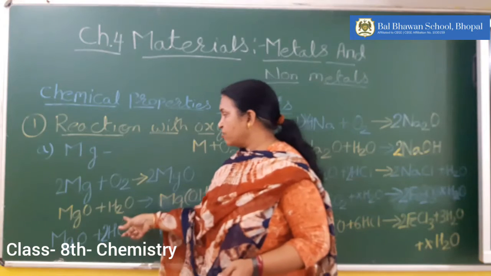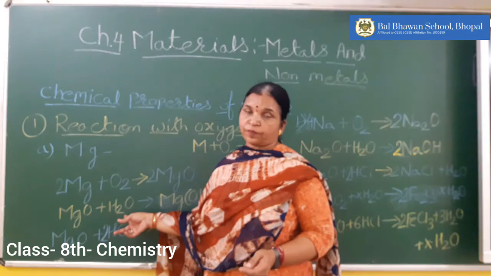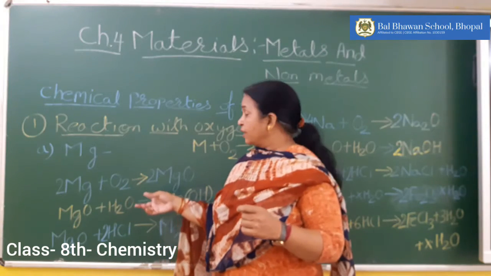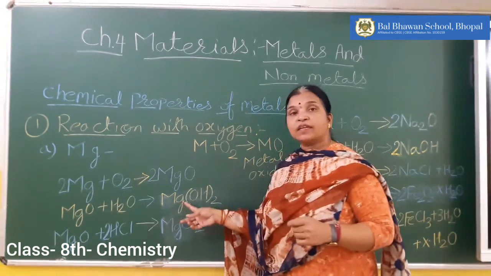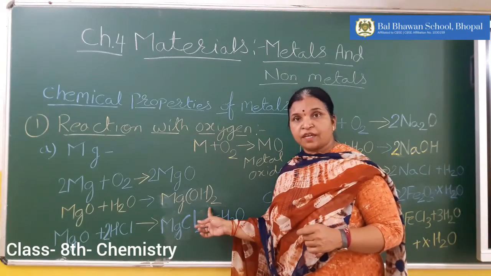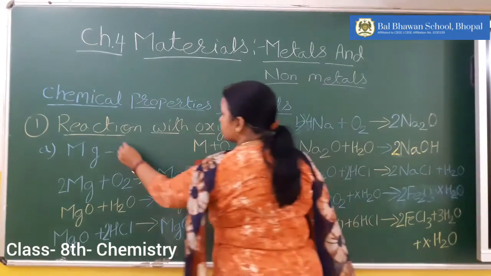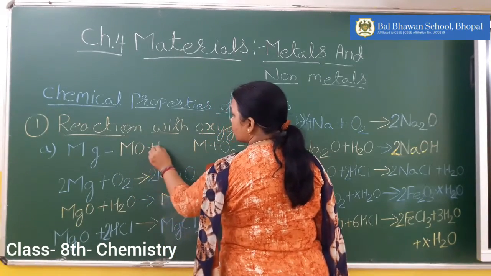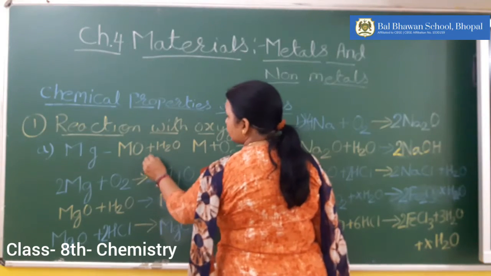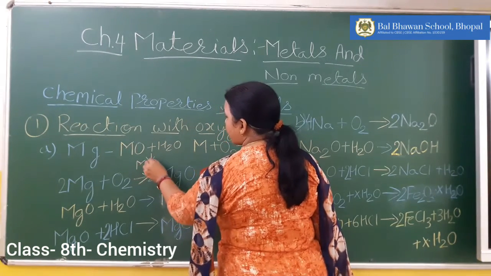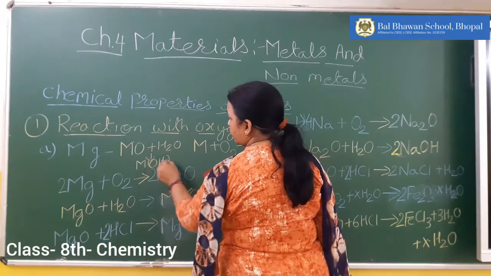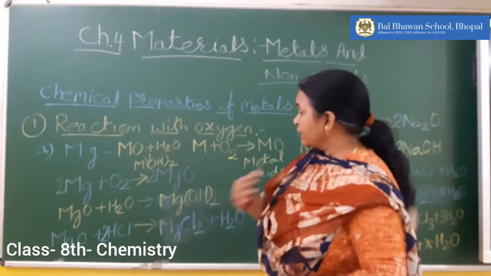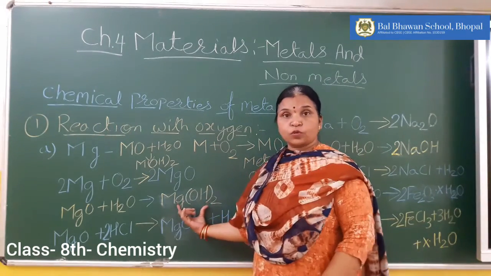One part I will dissolve in water with the help of a stirrer, and I will get magnesium hydroxide. That means when a metal oxide reacts with water, it produces metal hydroxide. It can be like this, or it can be something else.